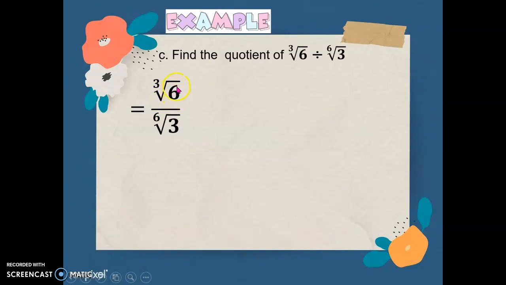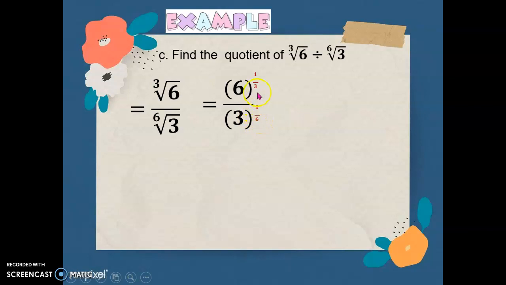So, alamin natin kung sino exponent and the index. So, yun yung magiging numerator and denominator natin. So, ang exponent ay 1. Ito ang denominator. Dito naman, 1. Ito ang denominator. So, 6 raised to 1/3. Itong sa denominator naman is 1 over 6. 1/3 and 1 over 6 is different, dissimilar fraction, I mean.